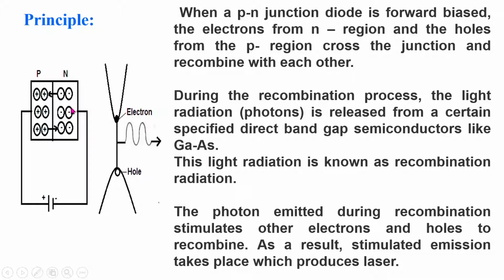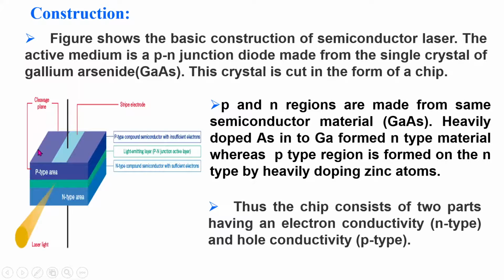And when this PN junction is connected in a forward bias condition, the electrons from the N region and the holes from the P region cross the junction and they recombine with each other.